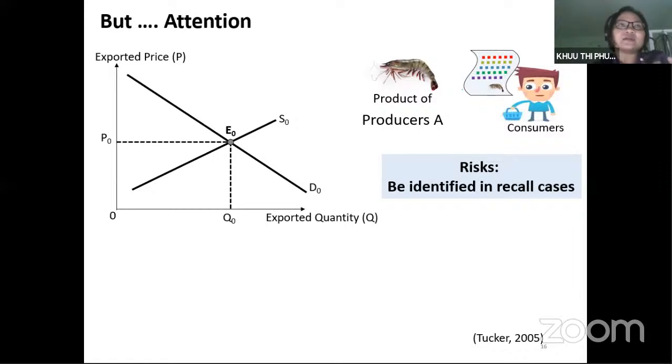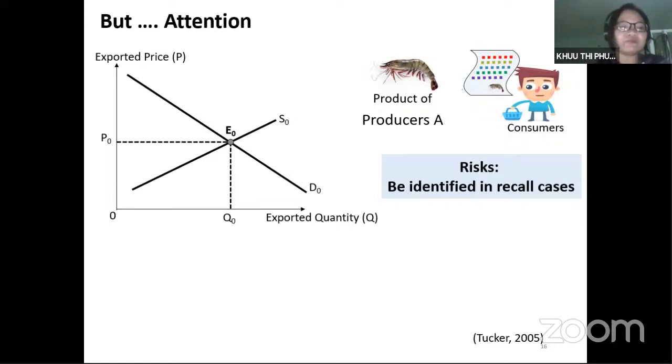But at that time, the US farmers didn't want to join those systems because they didn't want to publish their information. If they don't apply traceability, they can avoid identification.